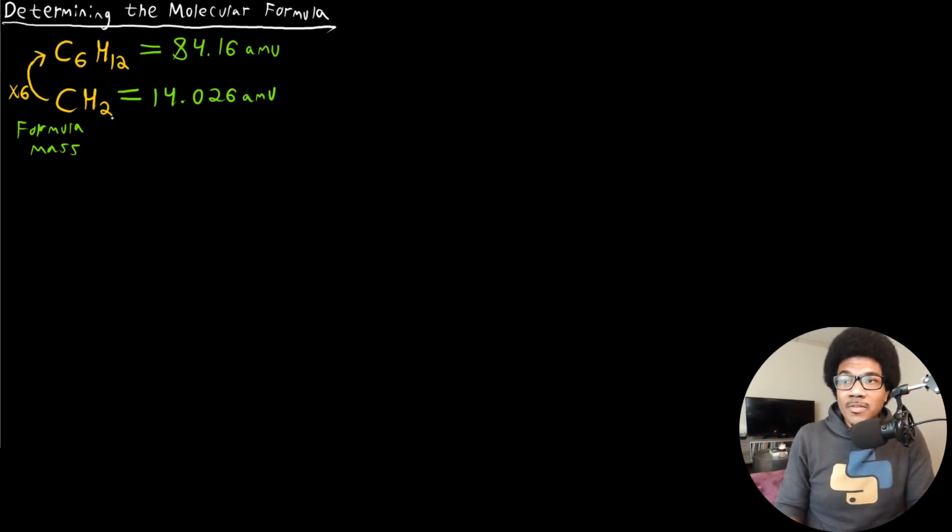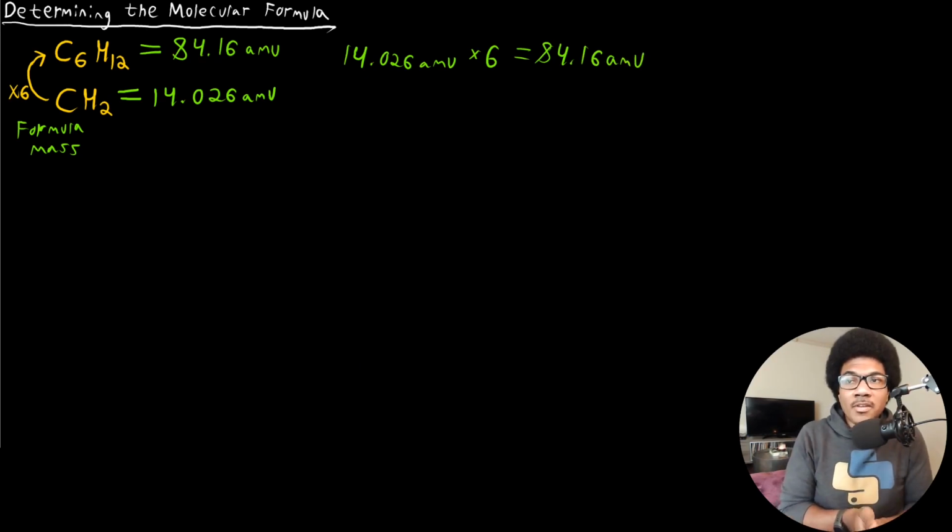Now, what you'll notice is there's a multiple of 6 that separates this formula from the molecular formula. There's also a multiple of 6 that separates this formula mass from the molar mass. So if we multiply 14.026 AMU times 6, that's going to give you 84.16 AMU.